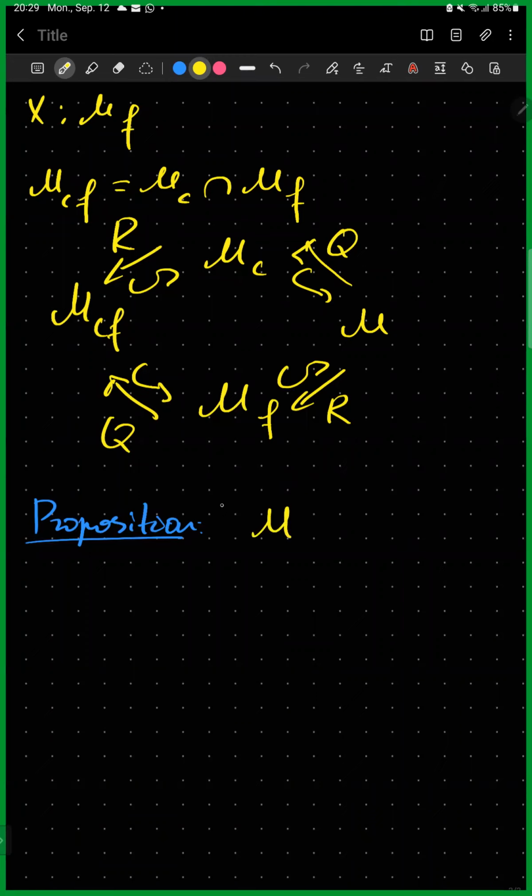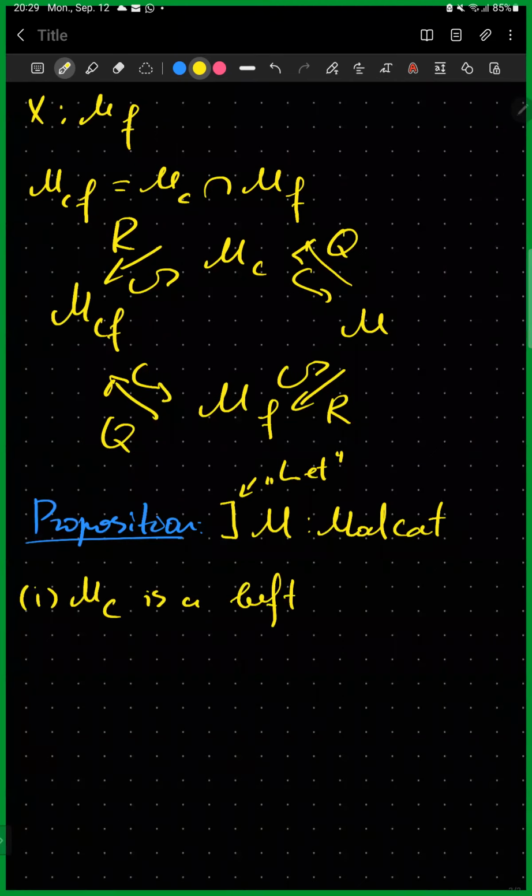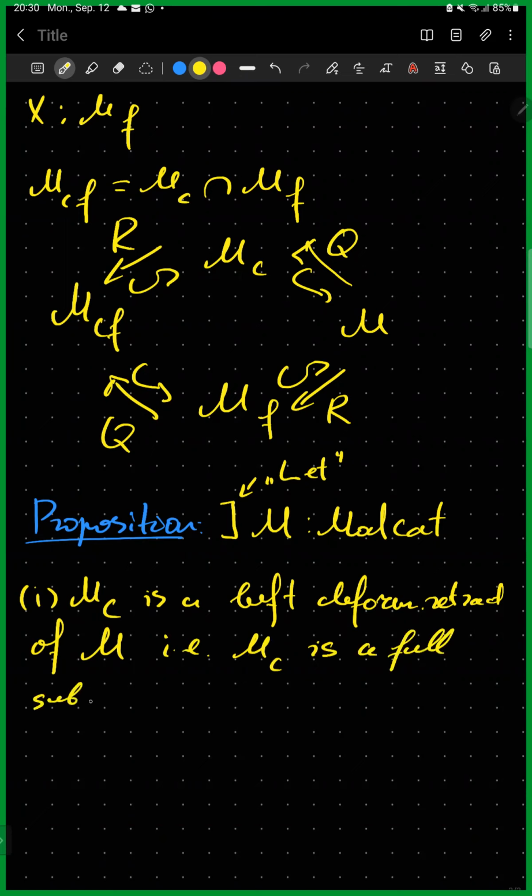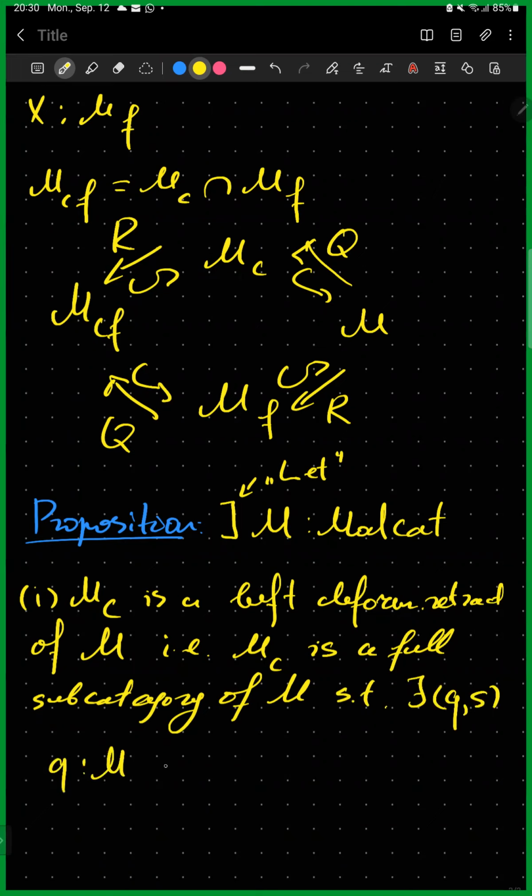Let M be a model category. Then the full subcategory MC is a left deformation retract of M, which means that MC is a full subcategory of M, such that we have a pair (Q, S), where Q is a functor from M to MC.